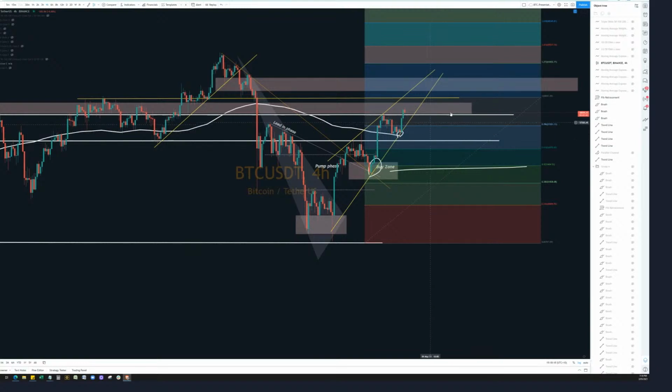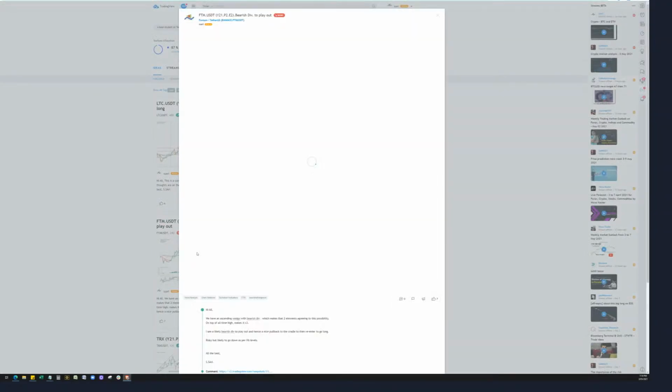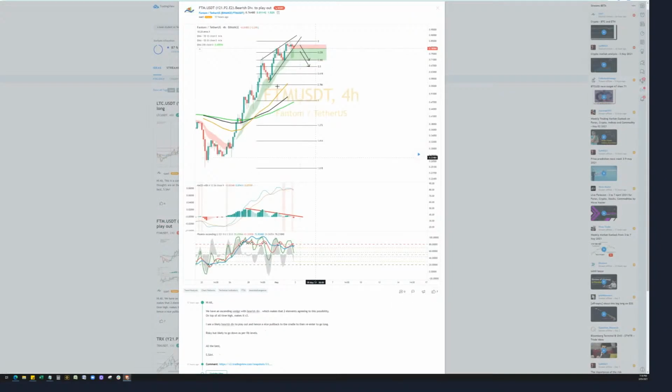So what I did yesterday, I think it was today actually, and I'll bring it out. I said FTM, and you can look at this chart. So very, very much similar, and you can see here that I have a bearish divergence. Pretty much MACD is telling us a bearish divergence in this ascending wedge.